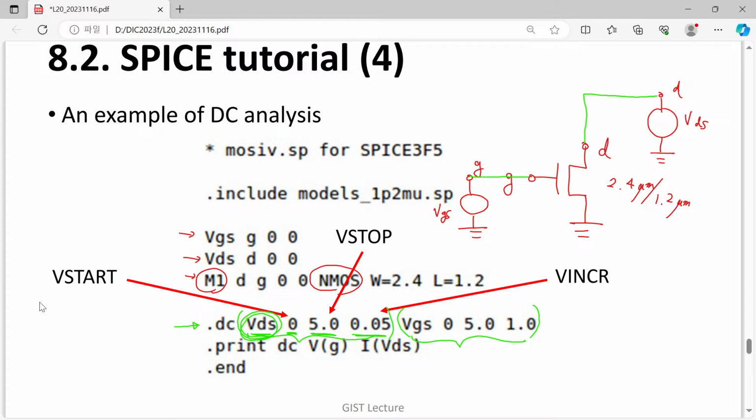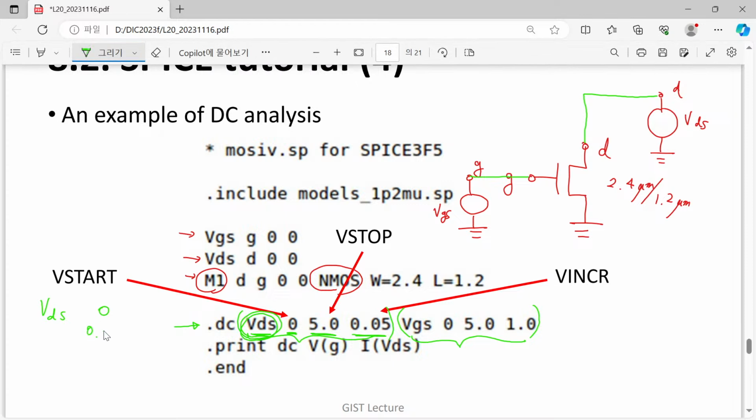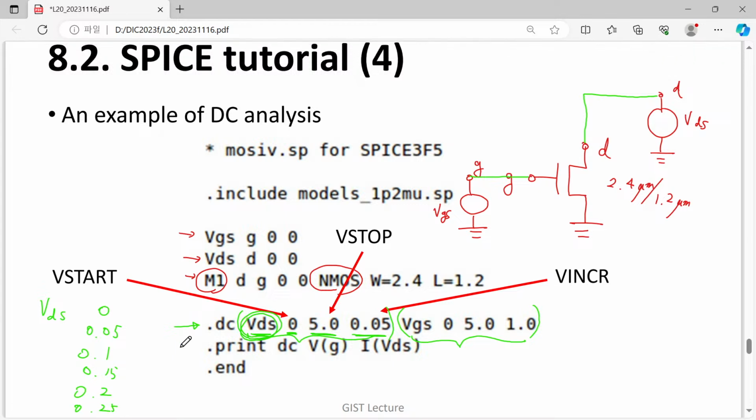So simply speaking, your VDS value will go 0, 0.05, 0.1, 0.15, 0.2, 0.25, and so on. In this case, you are just sweeping the drain voltage up to 5 volt.